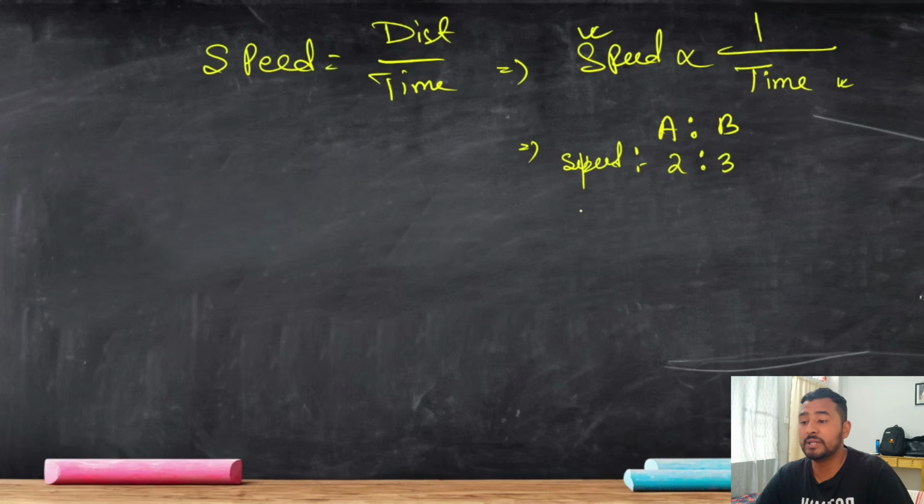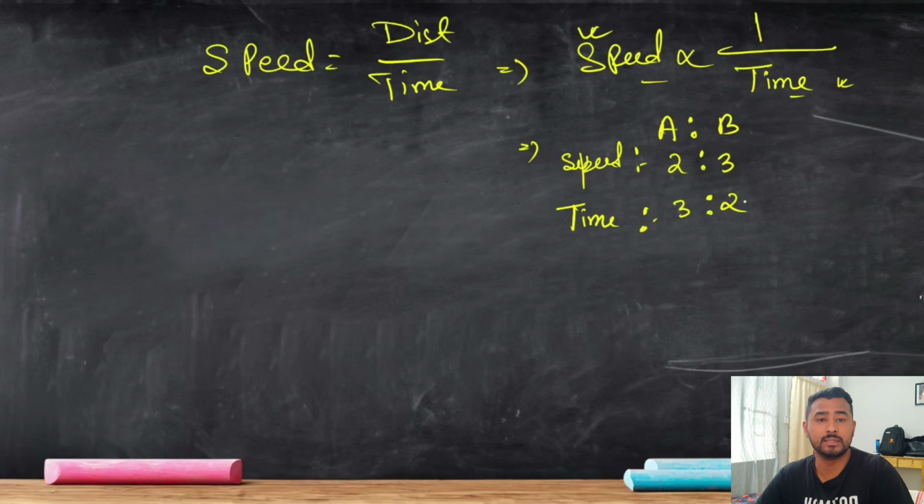So what will be the time? By just knowing that speed is inversely proportional to time, you can take the inverse of this speed. So 3 will come first and 2 will come second. It is just the reverse of 2 and 3, that is the speed. So the time will be just the opposite, as 3 is to 2. I'll show you where to use this in the upcoming questions.